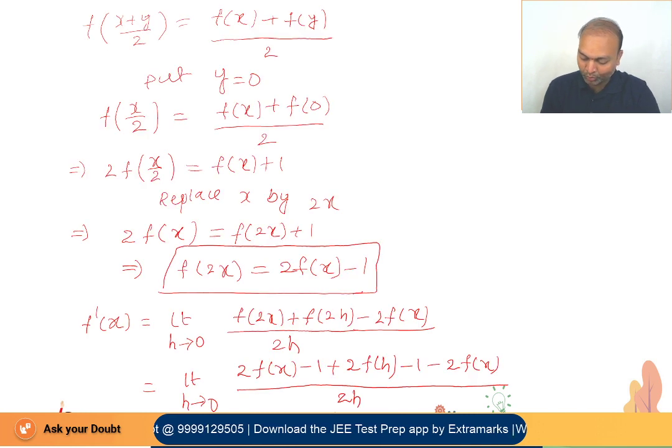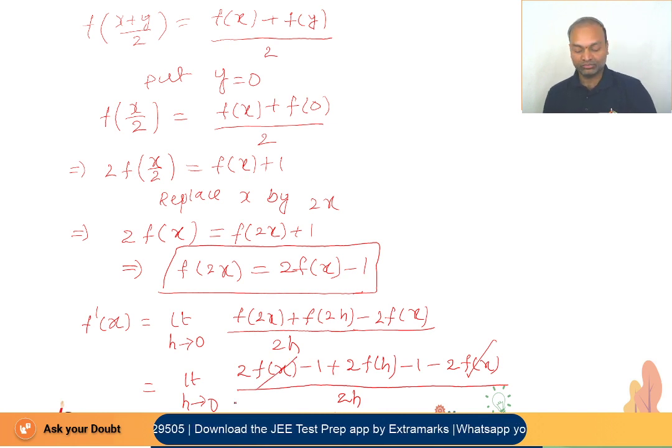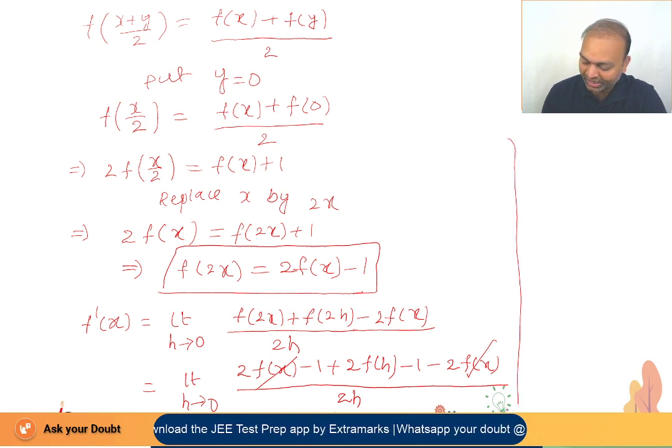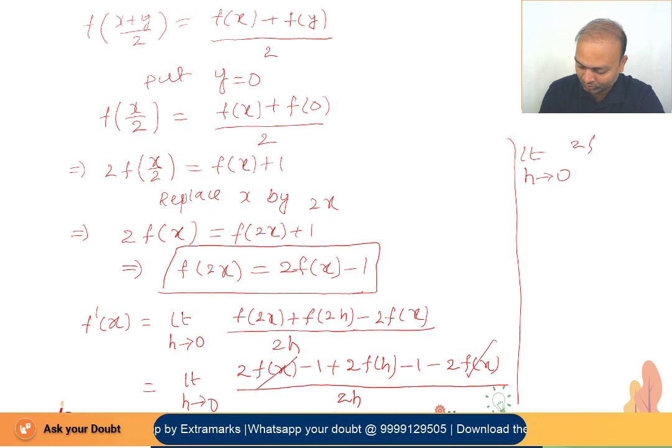Just observe this one here. Is cancellation possible or not? Possible. Minus 2 f of x plus 2 f of x cancel. Then what is remaining? See here, I am writing: limit h tends to 0, 2 f of h minus 1 minus 2, whole divided by 2h.